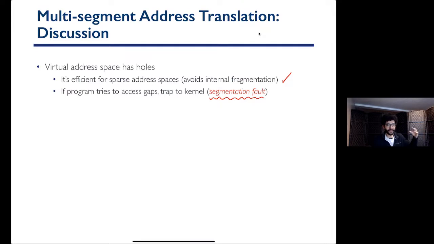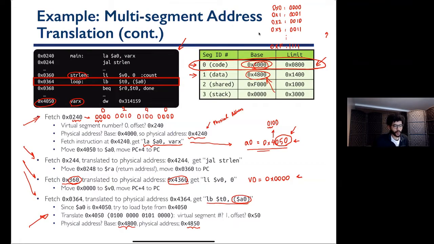So if I have given you a size of, I don't know, 2 megabytes for your code, and now you're accessing something above this in your code segment, you get a segmentation fault, right? So basically segmentation fault is when for a given segment, you go above the limit. It could be for your code, your stack, or your heap. For your heap, you might have a limit, and if you go above that limit, you get a segmentation fault.